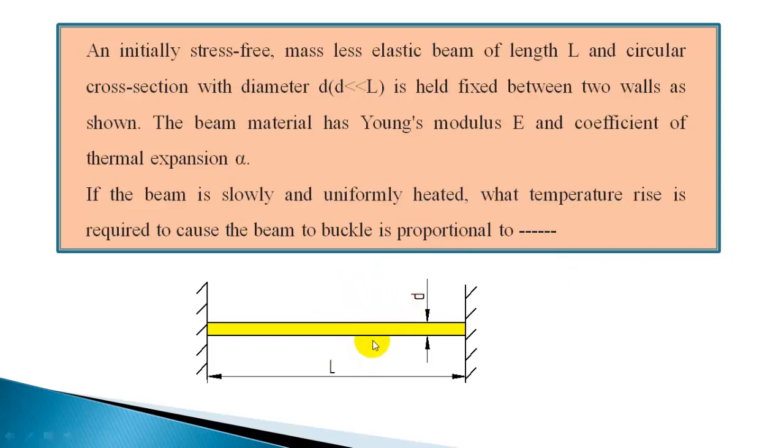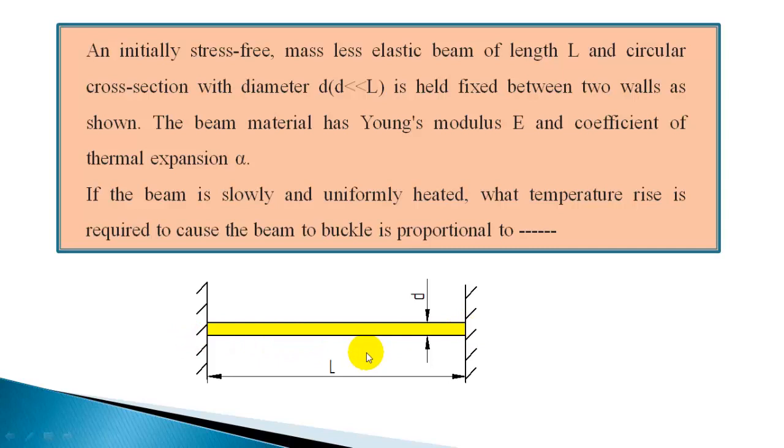Now when the temperature rises, stress will be induced in the bar because the fixed ends will not allow the expansion. So the bar will be trying to expand, but that expansion will not be permitted by the fixed ends. So when it tries to expand, the fixed end has to exert compressive forces on this bar.